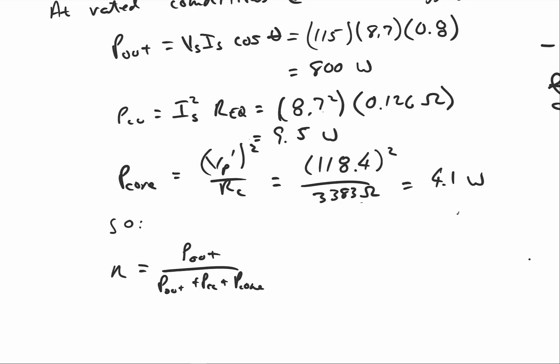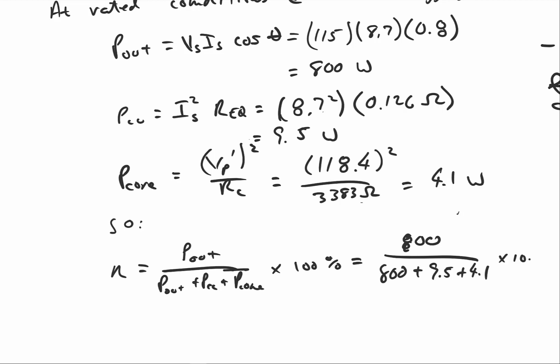This sum in the denominator here is P in, which is broken down into three parts. So this is 800 divided by 800 plus 9.5 plus 4.1 times 100%. So this gives me an efficiency of 98.3%.